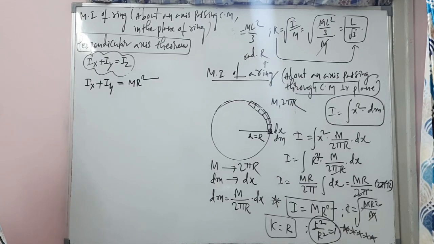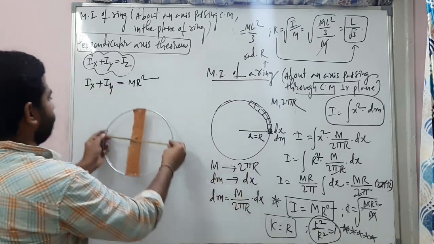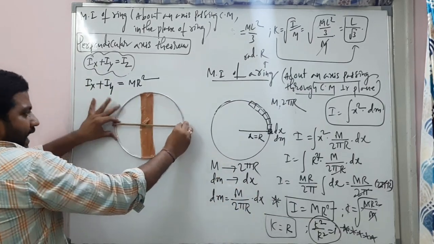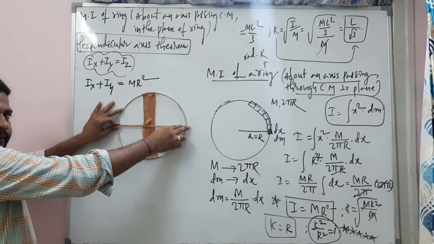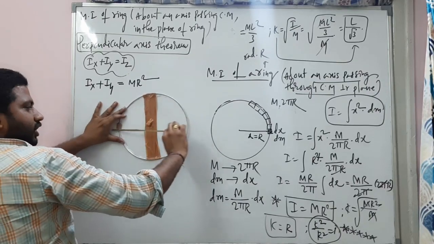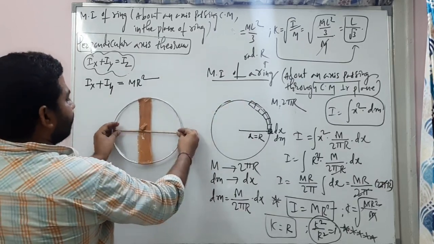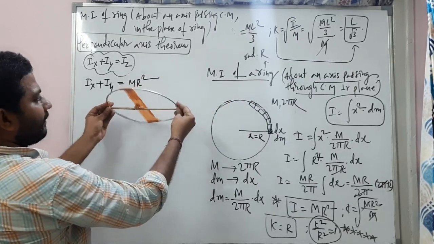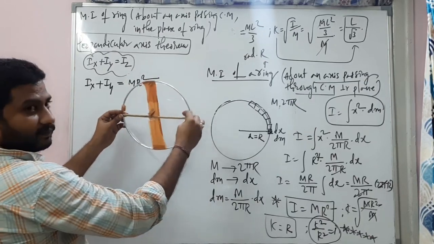And one more interesting thing. Along the x-axis, the x-axis is this. So now the axis of rotation is passing through the diameter. Will you agree with that? The axis of rotation is passing through the diameter. About the diameter, the ring is rotating. See, about the diameter, the ring is rotating like this. Fine.